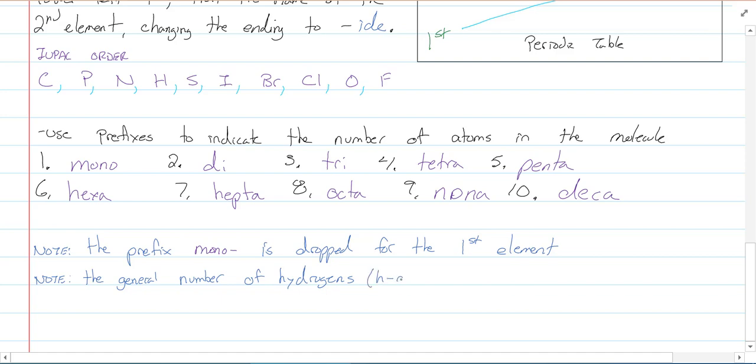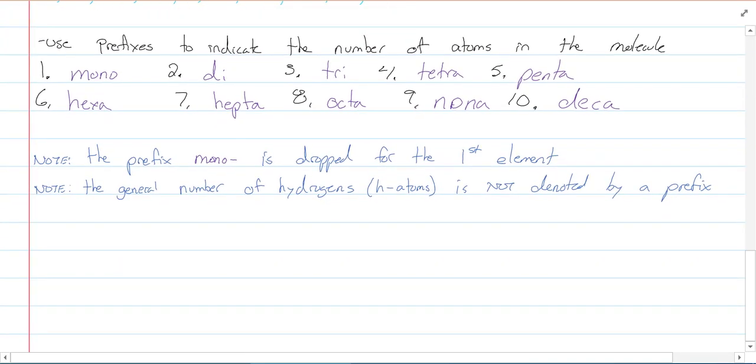Hydrogen atoms, H atoms, is not denoted by a prefix. That means we just kind of have to know how many hydrogens are there. Well, pretty soon it'll be obvious why. All right? And so I'll do this now for us.